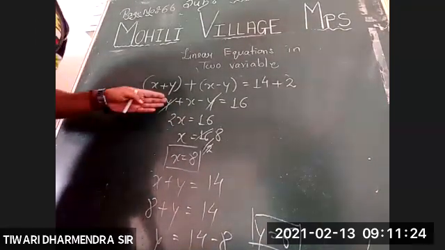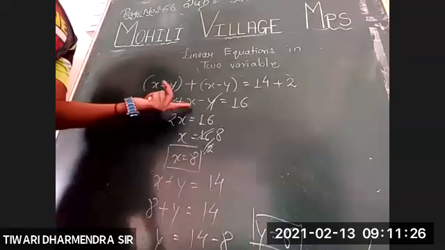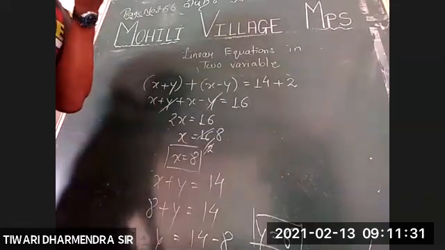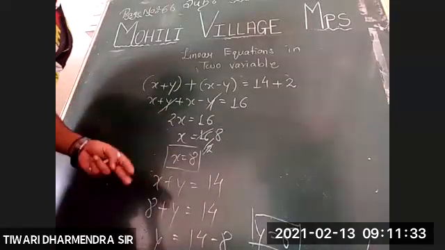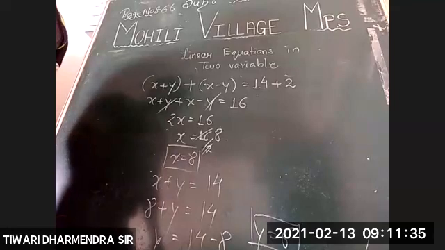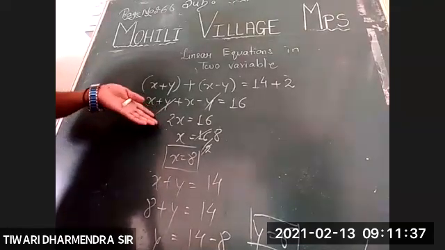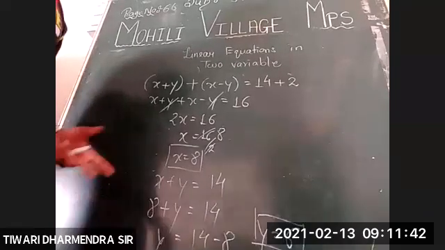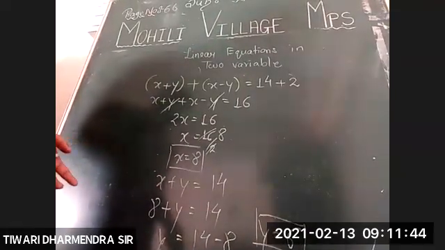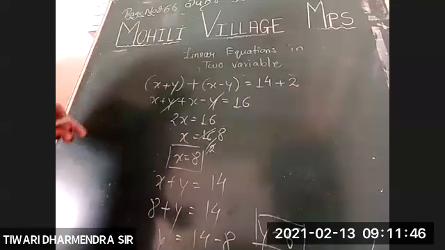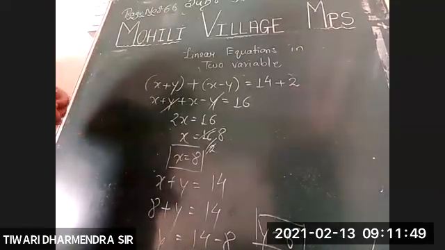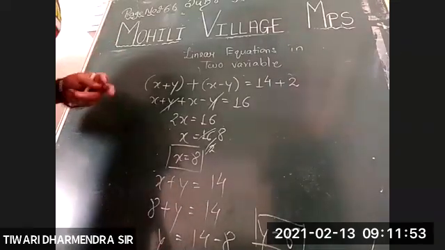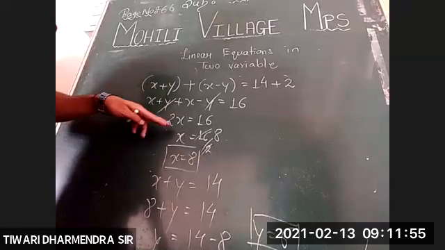What we have seen is that we eliminated y first. After elimination, as we are very much used to a single variable equation, which we learned in our earlier classes, we took the help of that single variable by eliminating one variable out of 2. If we can't solve 2 variables simultaneously, we eliminate 1 and find the equation in terms of 1 variable.